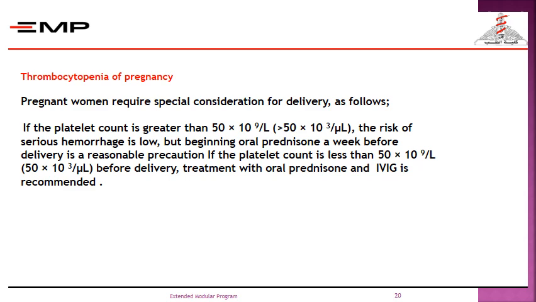Treatment with oral prednisone and intravenous immunoglobulin is recommended as pre-delivery treatment in critical thrombocytopenia. So as long as platelets are above 50, there is no treatment. Below 50, we can try giving steroid, or in an emergency situation, we can give intravenous immunoglobulin.